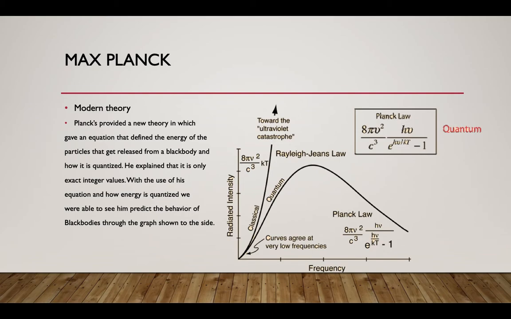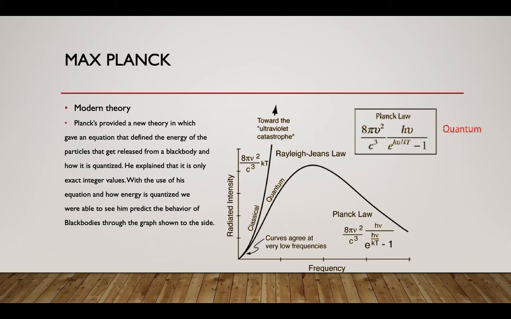Another thing that is quite interesting is that if we look at the graph, at the base of frequency and intensity, the two laws actually agree with each other, showing that when frequency is at a lower point and intensity is much lower, the two equations would give us similar readings, and that's quite interesting.